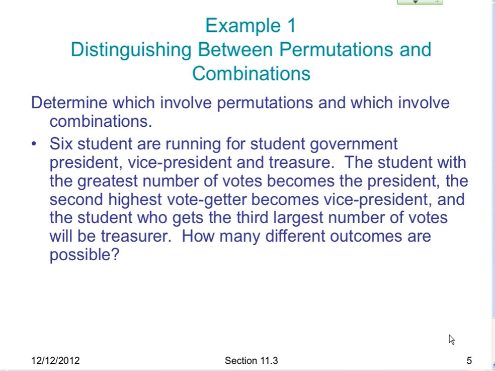Do you suppose a president has a better salary than a vice president? Sure, they have more responsibility. So, does the order in which we pick the president, vice president, and treasurer matter? Absolutely. Treasurer is a terrible job. You never want to be the treasurer. So, since the order matters, it's a permutation.